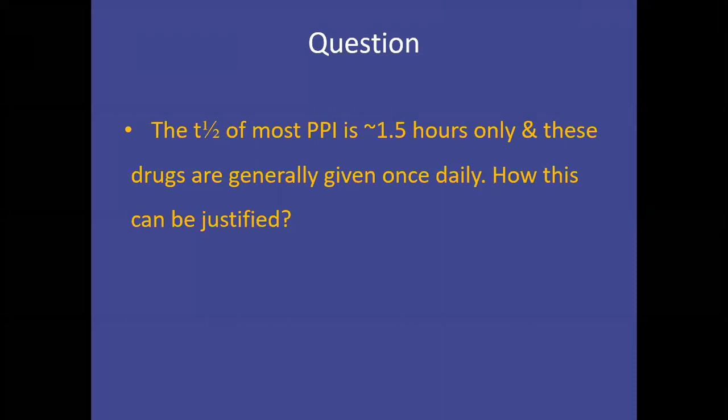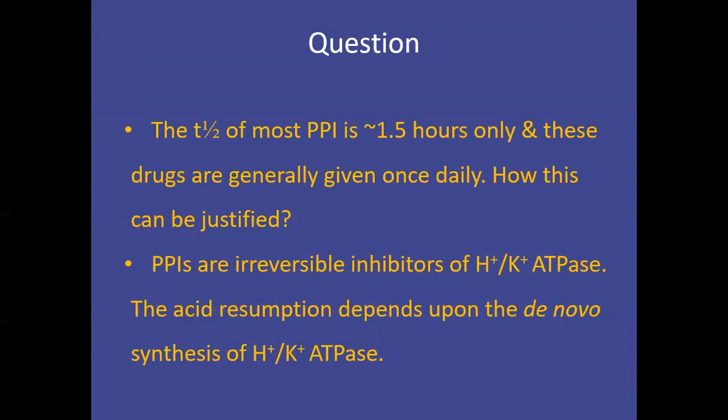But since the target has been inhibited for life, the effect persists. You cannot detect the drug in the circulation. It is cleared from the circulation. But also, the target is gone forever. So PPIs are irreversible inhibitors of the proton pump. The acid resumption depends upon the de novo synthesis of the proton pump.